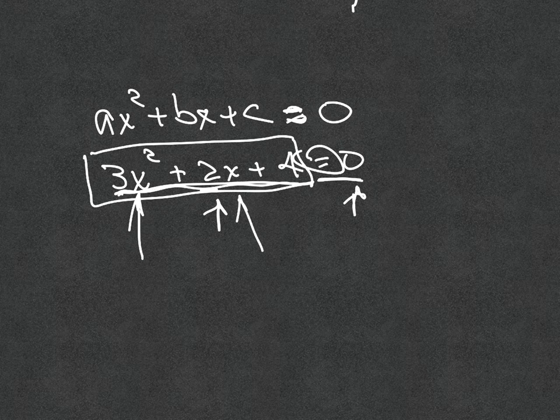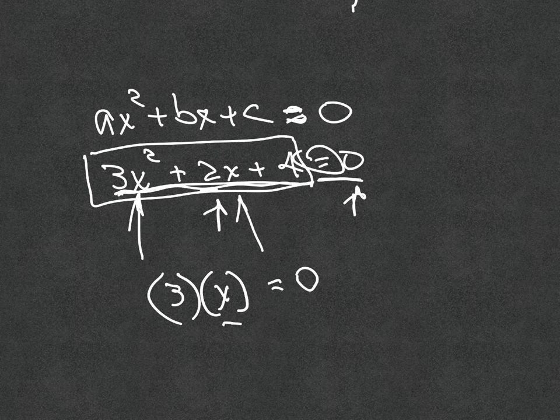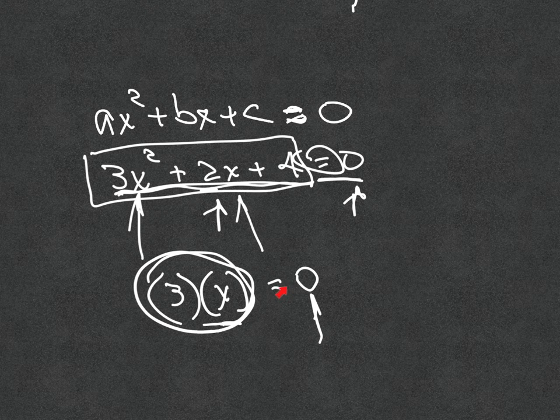I know this will seem like it's not connected, but if we have a 3 and an x and we say that equals 0, what does x have to be in order to take 3 times it and get 0? x has to be 0. So 3 times 0 is 0, which equals 0.